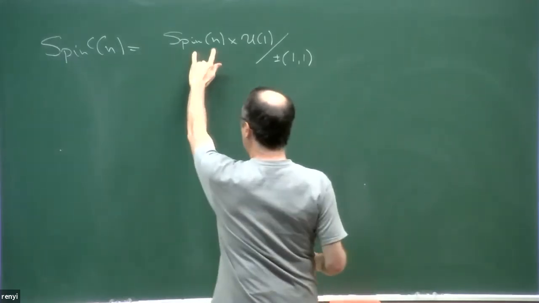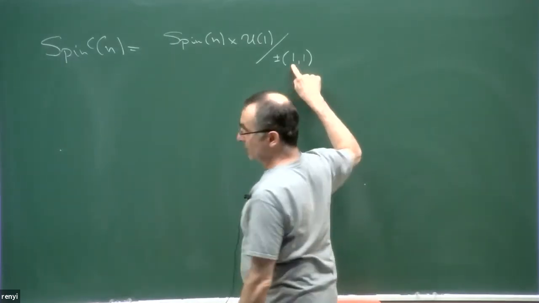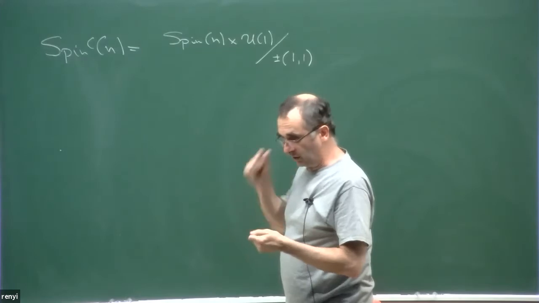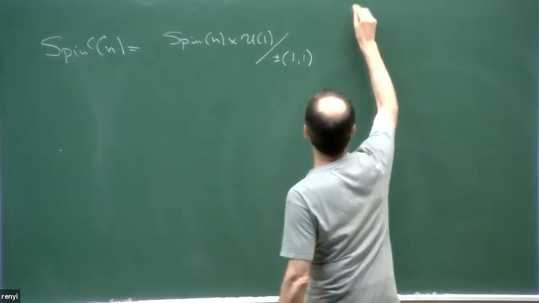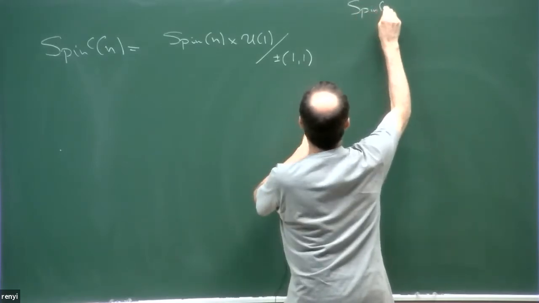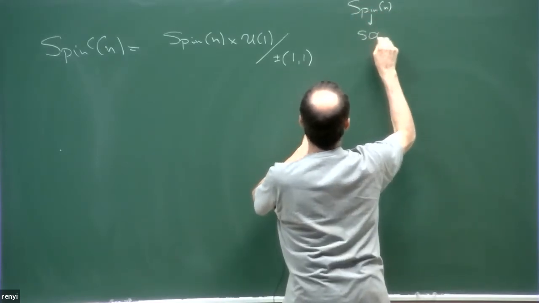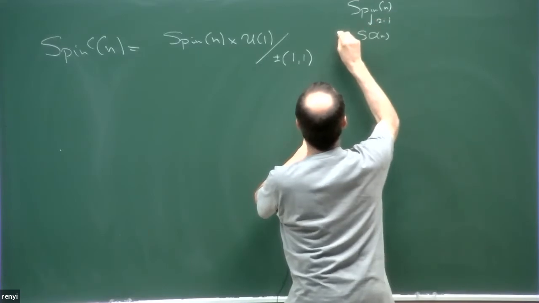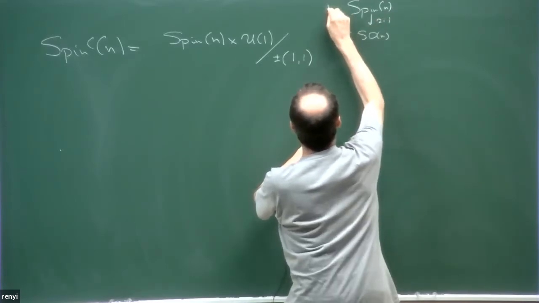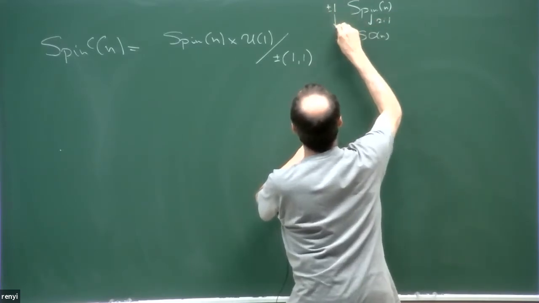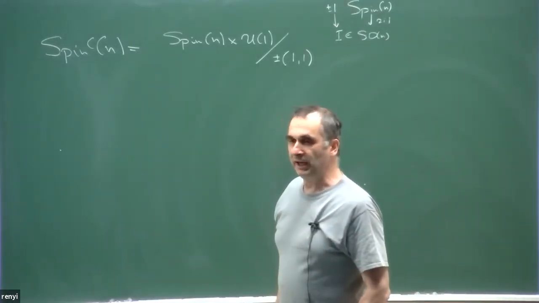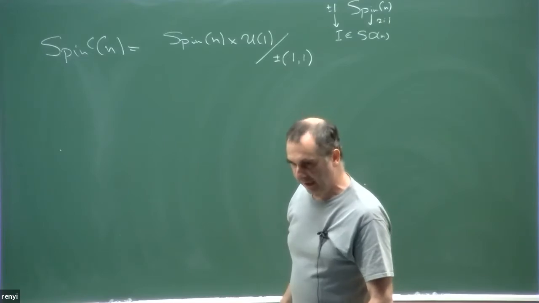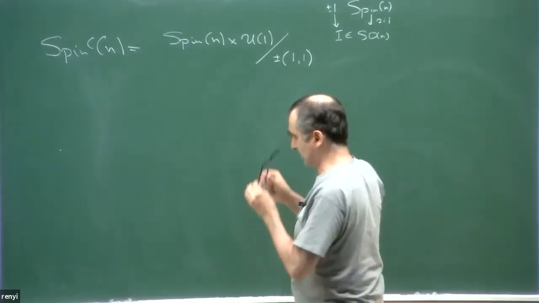In Spin(N), the plus 1 and the minus 1 are the two inverse images of the identity matrix from SO(N). Remember, Spin(N) to SO(N) is 2 to 1. That is the identity matrix here, and plus or minus 1 are the two elements mapping to this identity. Let me know if you can't read what I write. I will try to pay attention to that.